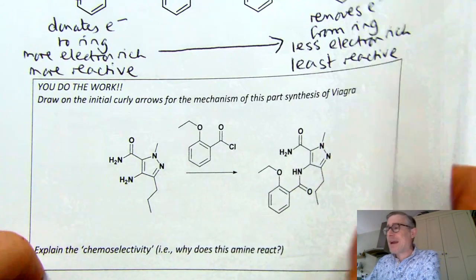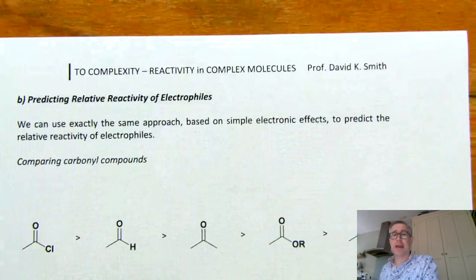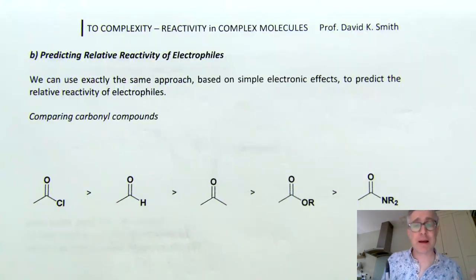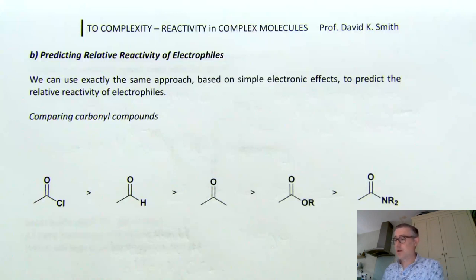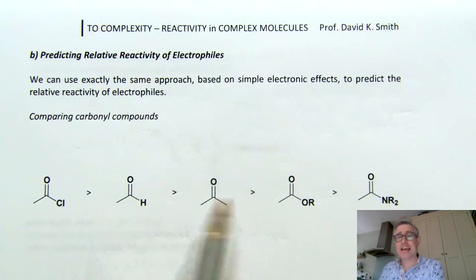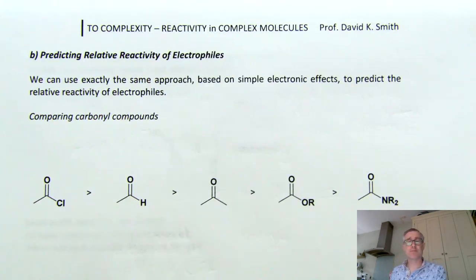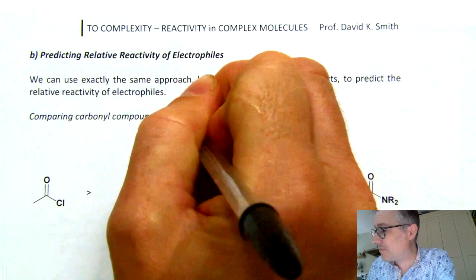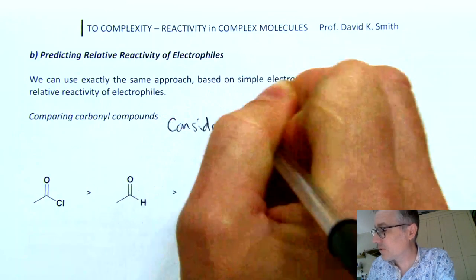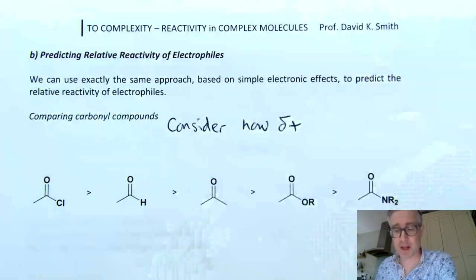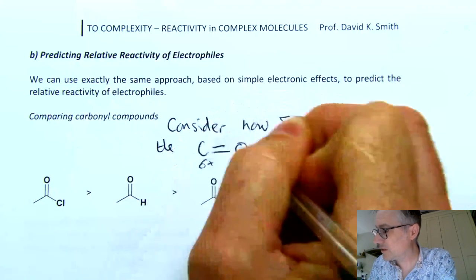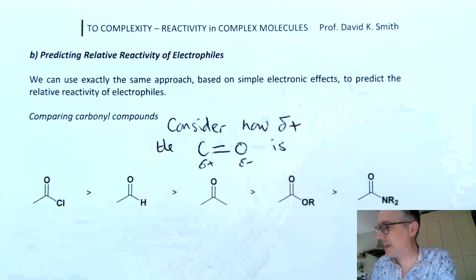So it's not just comparisons between nucleophiles that we can make. We can compare between electrophiles and think about their reactivity using exactly the same approach. So if we have a set of different carbonyl compounds, to compare them, we consider how delta plus the carbon, oxygen, delta plus, delta minus is.